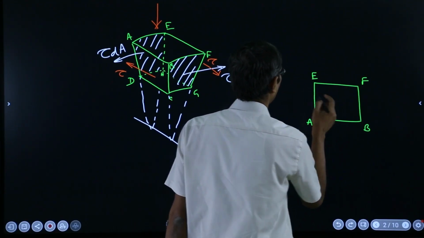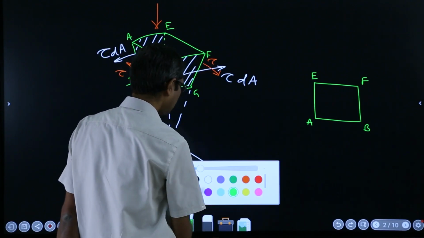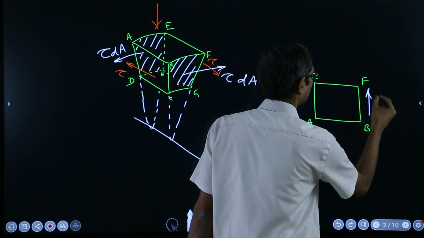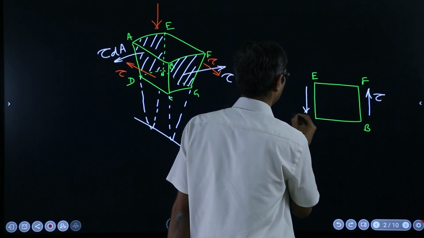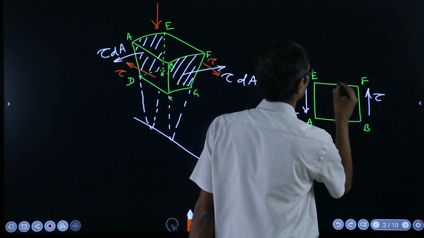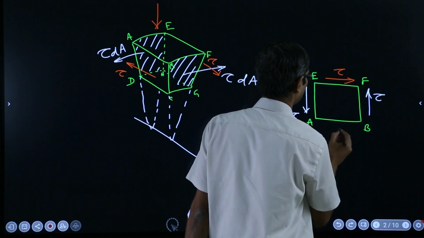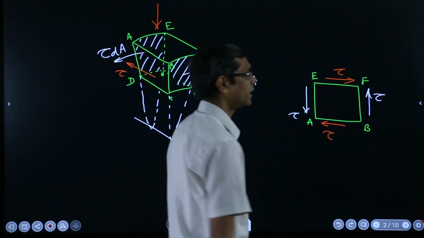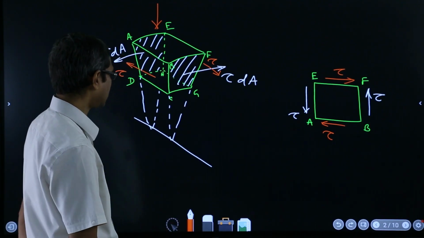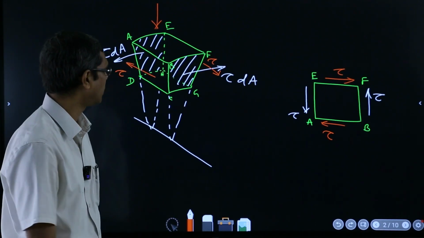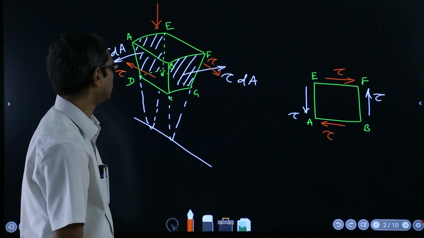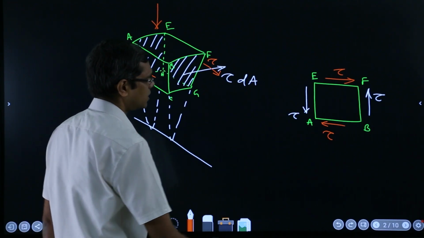These are the top surfaces, and my shear stresses will look something like this. This is tau, this is tau. These are the white ones, and these orange ones are in this way. So that's how the state of stress at any location will look. The shear stresses only will be there, but you have to consider all those things.